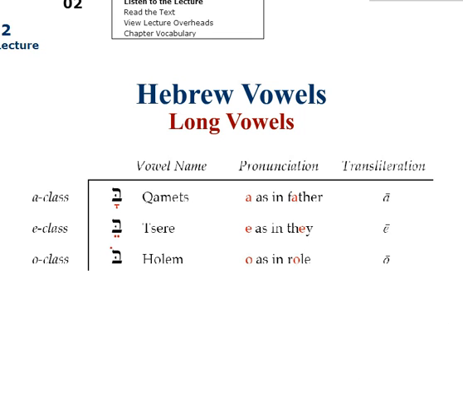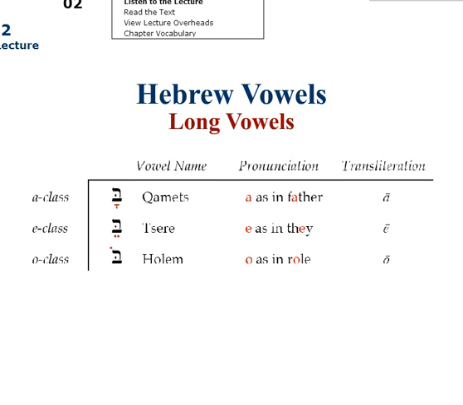As we observed above, notice that not all 5 vowel classes, A, E, I, O, and U, are attested in the long vowel type, but only the A class, the E class, and the O class.